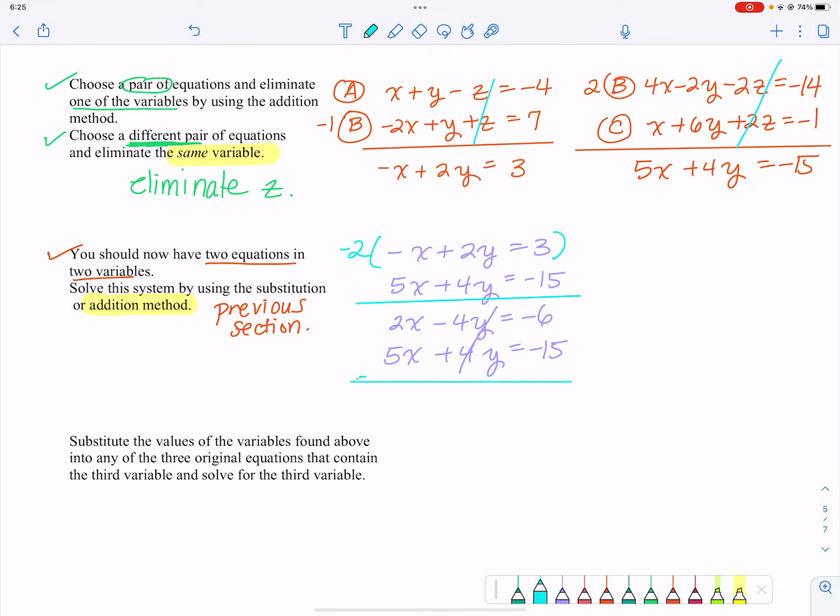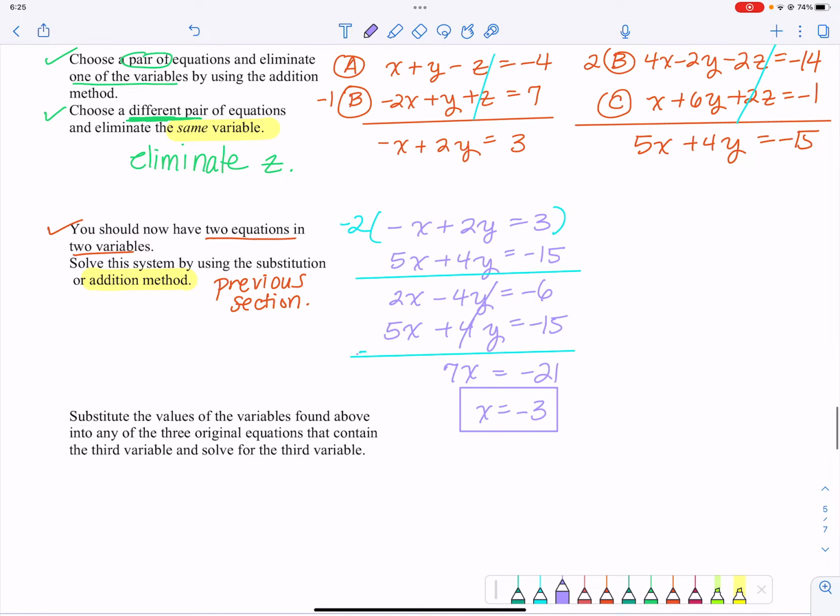And now we actually have that 7x is equal to negative 21, and x is equal to negative 3. We have our first value. Okay, so now what does it say?